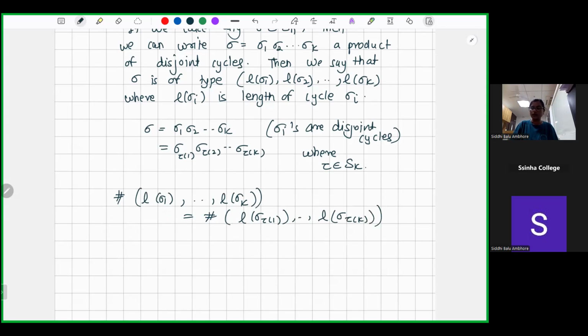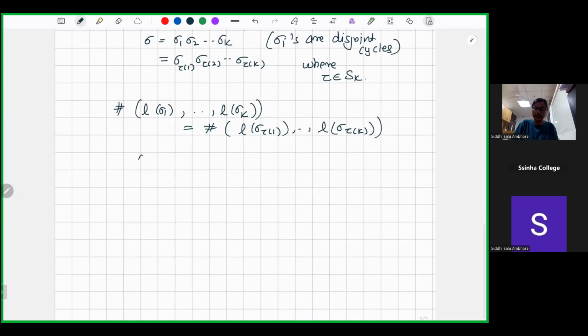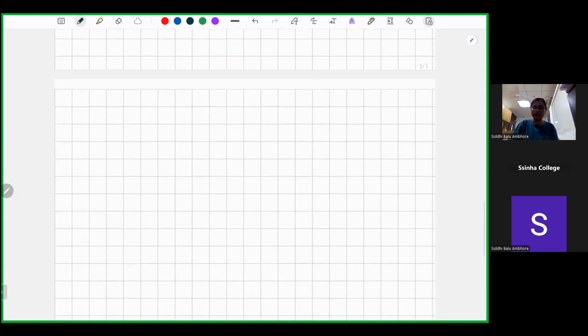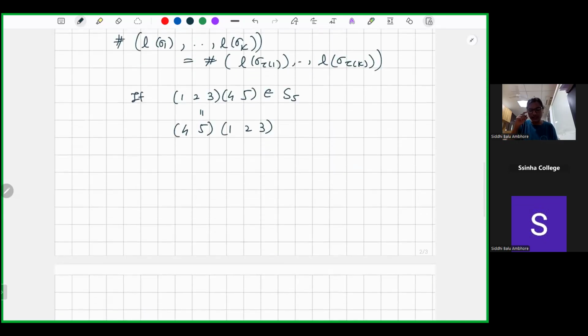So if we take, suppose, the cycle (1 2 3)(4 5) in S5, then this is equal to writing it as (4 5)(1 2 3). Since we are discussing the example, this has length 3 and this has length 2.